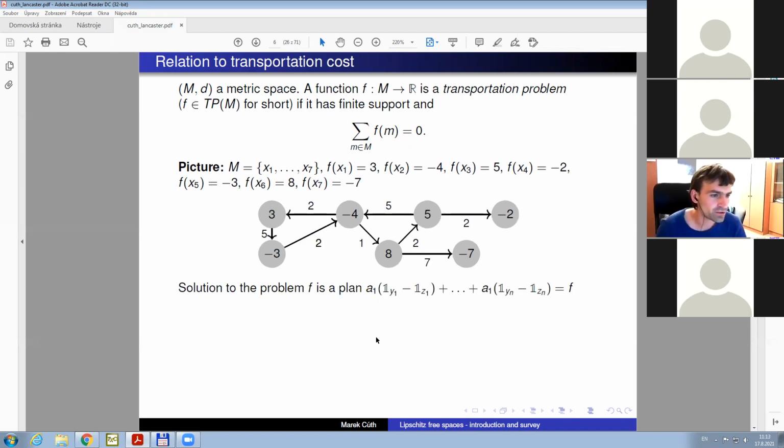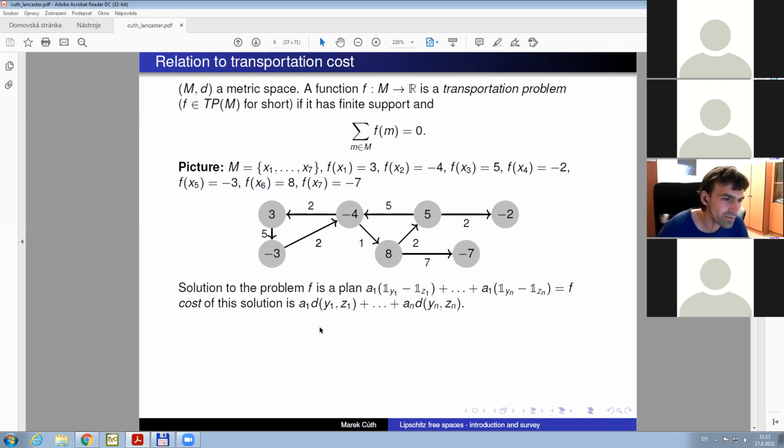And then a solution to the problem F is to transport all the bags of sugar in such a way that we obtain the number 0 in each city. So, for example, one of the plans is to transport 2 bags of sugar from the second city to the first city, 5 bags of sugar from the third city to the second city, and so on. And if you compute all the numbers, you get zeros everywhere.